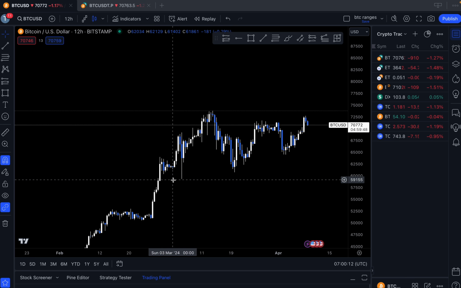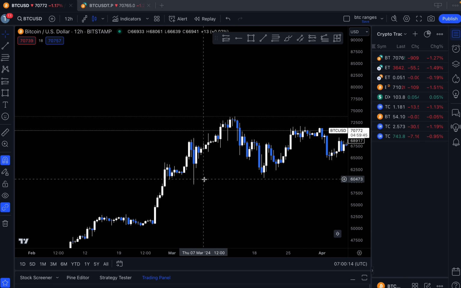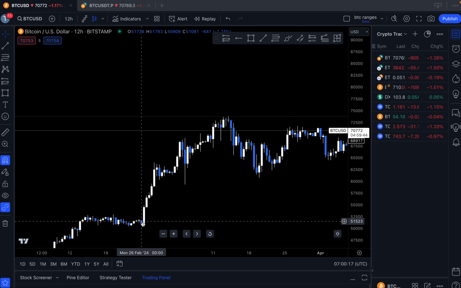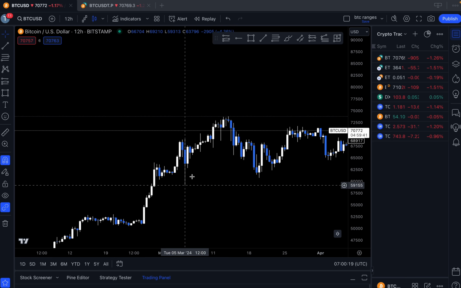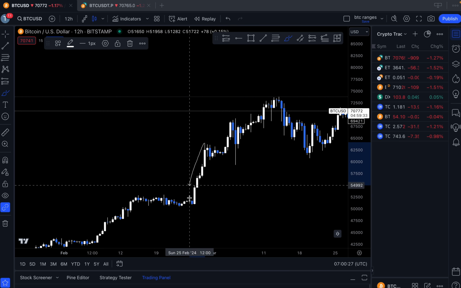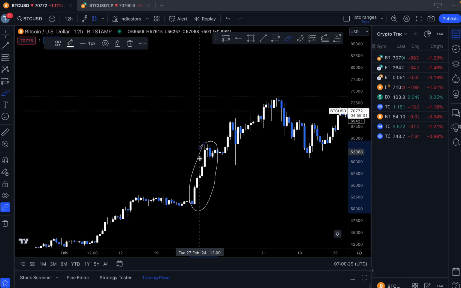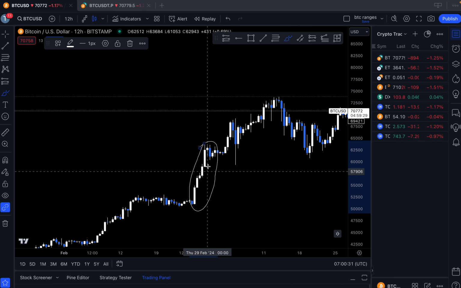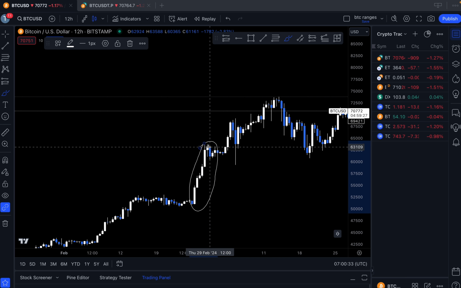So an order block is when you have an order flow, and it's blocking the order flow. This upwards movement is the order flow, and you have this blue order block, which is a down move, disrupting the order flow.